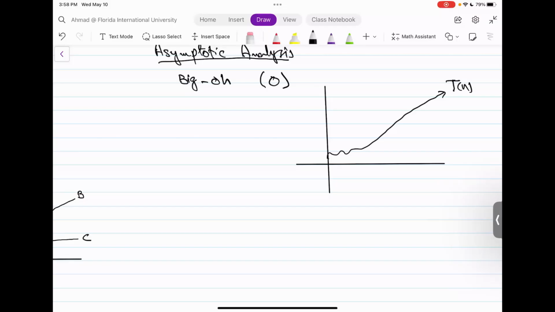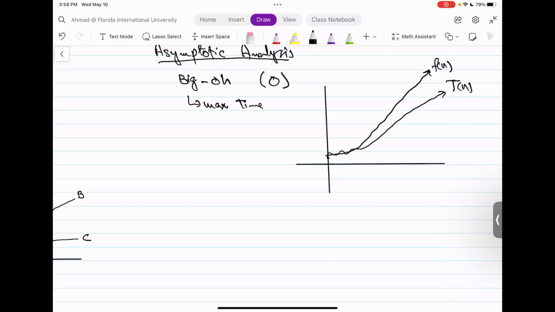And if I can find some other function which can bound this function in a way, like for example, this one, let me call it f of n, right? So what I mean is, big O actually refers to the maximum time taken by an algorithm to solve it.